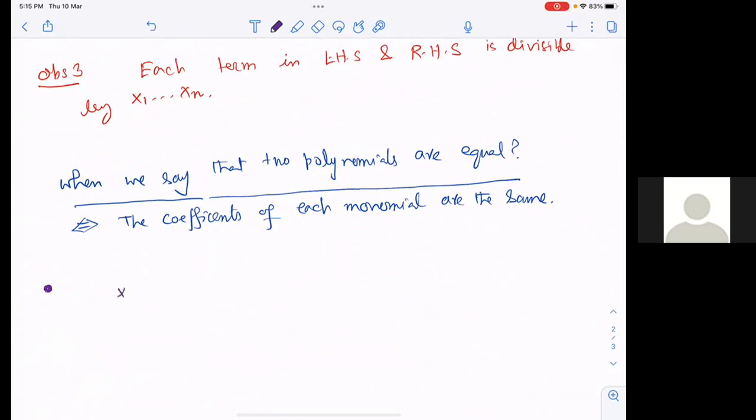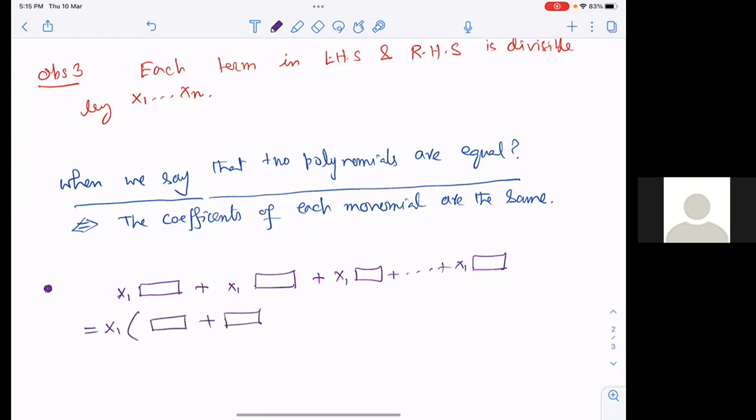Look at all the monomials where x1 has degree 1. So they look like x1 times something plus x1 times something. The something is also a product, right? Suppose I group all the monomials where x1 appears, and then I take x1 common.